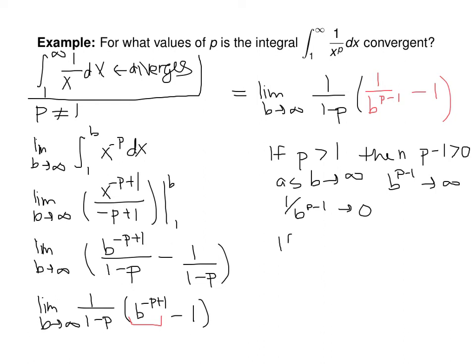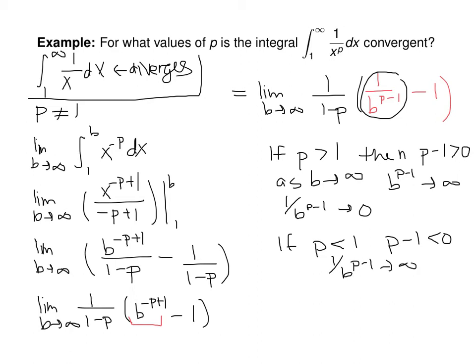If p is less than 1, then p minus 1 will be less than 0, and this term will go to infinity. 1 over b to the p minus 1 will go to infinity.